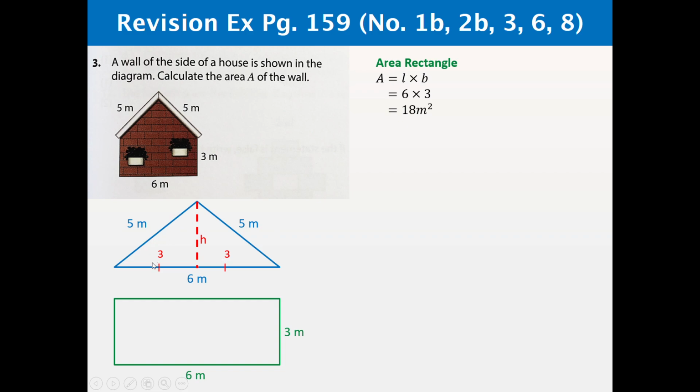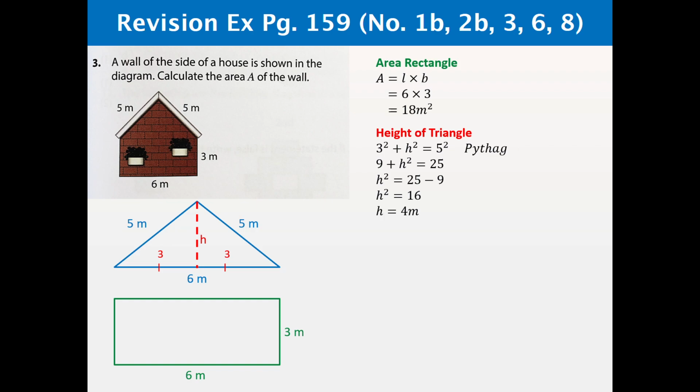If you cover this left-hand side triangle, I know that the hypotenuse, 5 squared, will be equal to 3 squared plus height squared. That will give me, so 3 squared gives me 9, 5 squared gives me 25. I need to get the height squared alone, so I'm going to take the 9 over and subtract, which will give me 16, and if I square root that, I'm going to get 4.